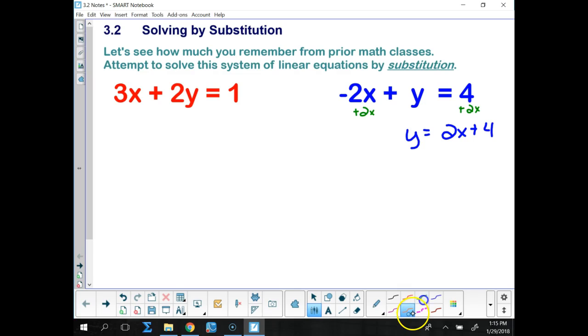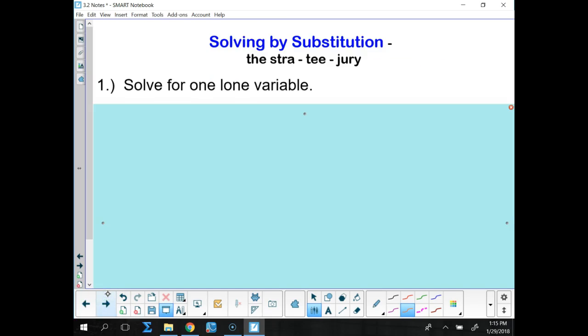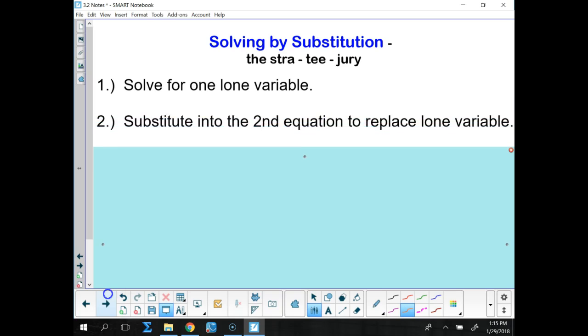So I'm going to take this 2x plus 4 and I'm going to put it in place of y in my other equation. So written out, we're going to substitute, hence the name substitution. I'm going to substitute what we just solved in number 1 into the second equation to replace that variable that we just solved for.